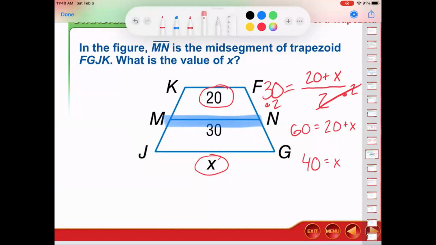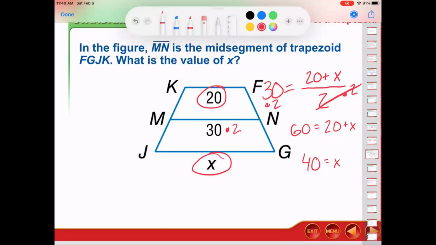The other way, if you're good with your multiplication facts and stuff, you could say, okay, let's erase this real quick. I know this plus this, so 20 plus x is going to equal the middle segment times 2. 30 times 2 is 60.